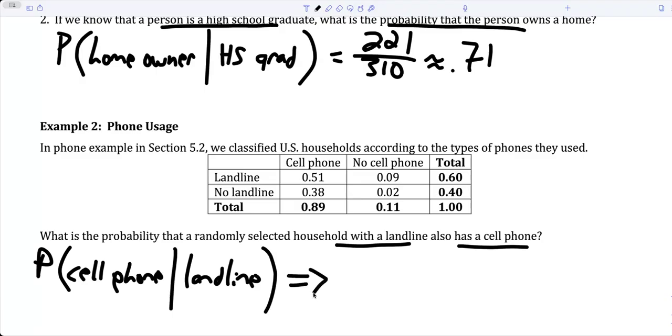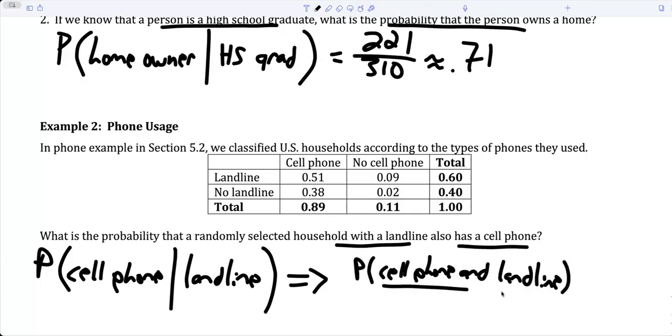And for the sake of the notes, I'm going to go ahead and write this out. You don't necessarily have to do that on these problems, but following that formula, what's the formula again? It's the intersection of A and B over the condition. So I want the probability of cell phone and landline divided by the probability of landline.